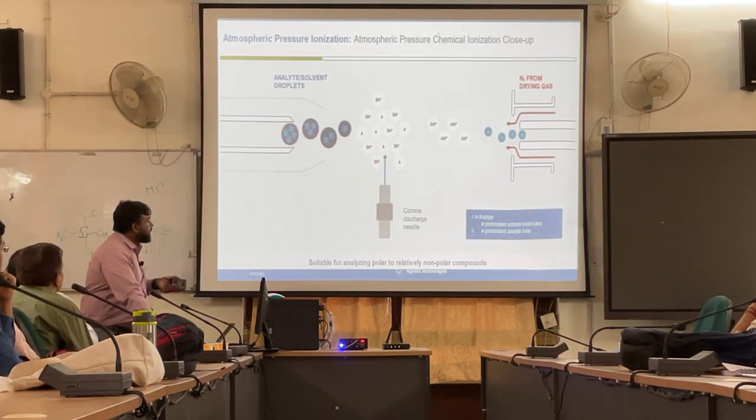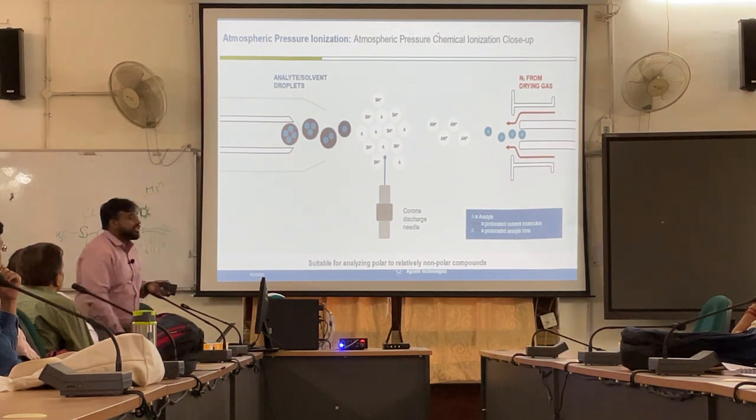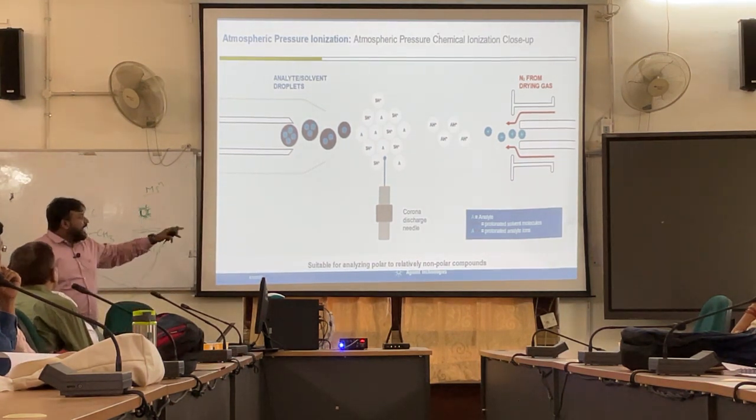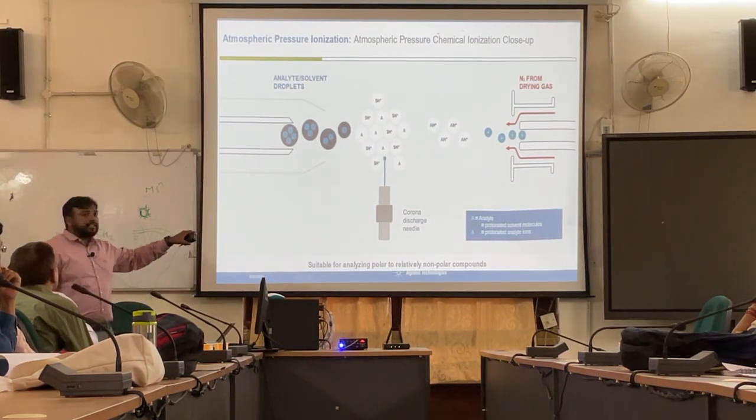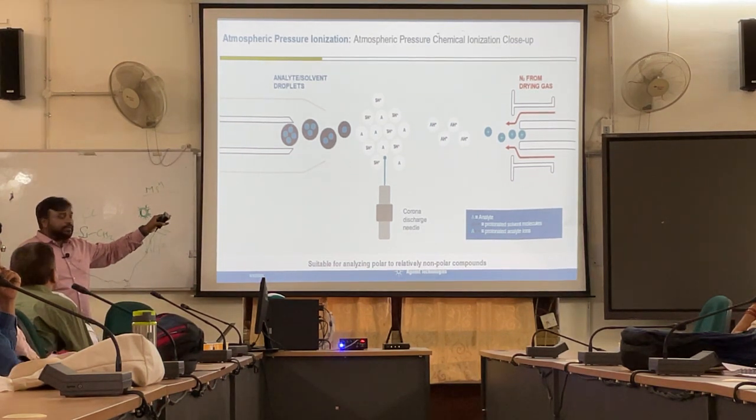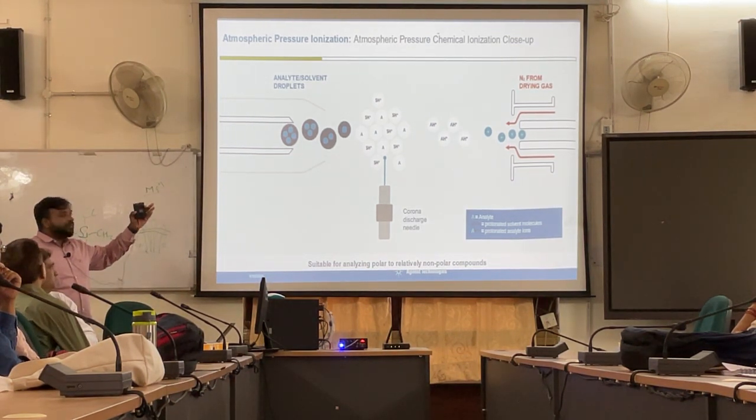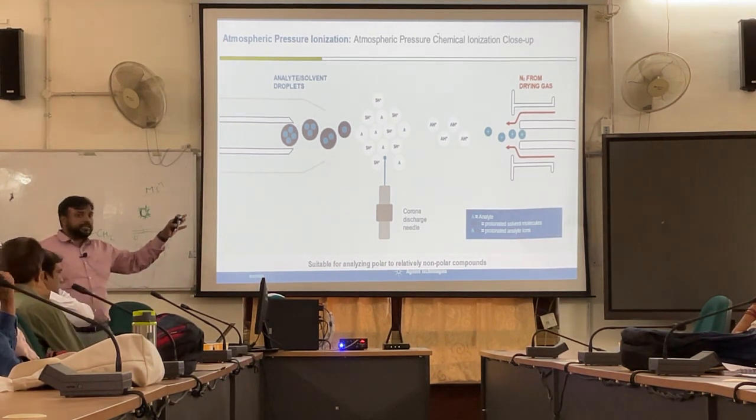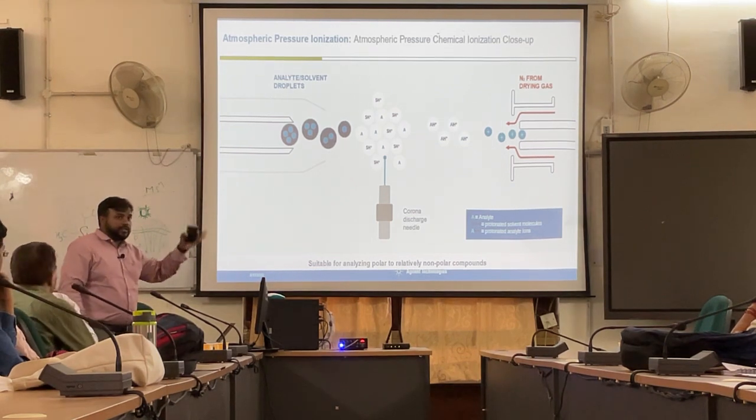This is the way a molecule is ionized in APCI mode. The corona discharge needle continuously bombards electrons onto the solvent. First the solvent, whatever mobile phase and diluent you are using with the molecule, is ionized, and after evaporation the same charge is transferred to the molecule, and the molecule is ionized and travels into the body.